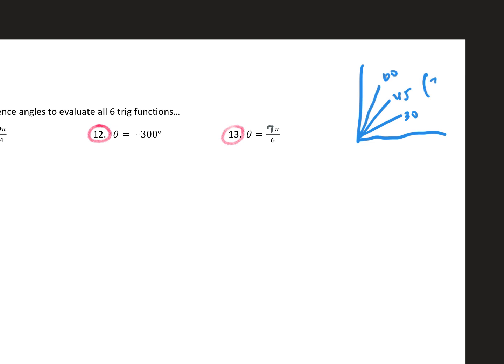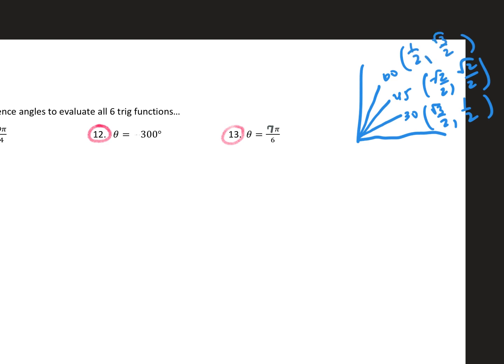So at 45, your ordered pair is root 2 over 2, root 2 over 2, right? What's the ordered pair at 30? Look at it. Don't just guess. It's either root 3 over 2, 1/2, or 1/2, root 3 over 2. Look at it and tell me. It's root 3 over 2, 1/2. And then what's the ordered pair at 60? 1/2 and root 3 over 2, okay?